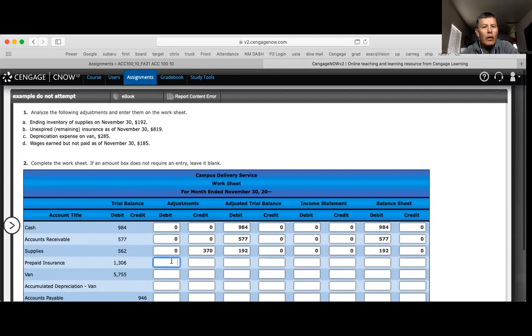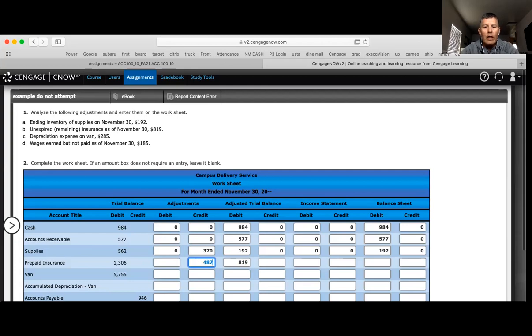Prepaid insurance. Now they're saying unexpired remaining insurance as of November 30 is 819. So our adjusted balance is going to end up at 819. So we go 1306 minus 819 gives us 487.